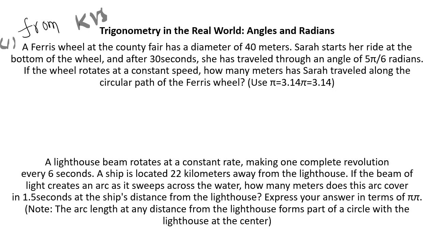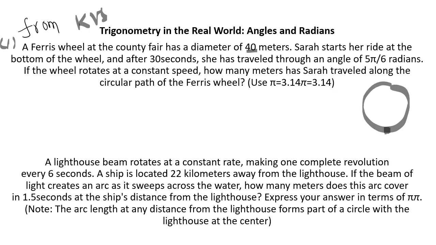The first question is: a Ferris wheel at the county fair has a diameter of 40 meters. Sarah starts a ride at the bottom of the wheel, the starting point.